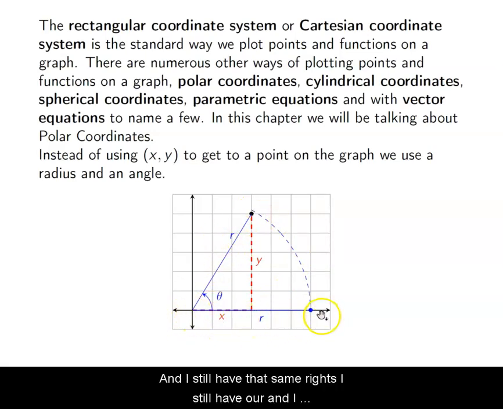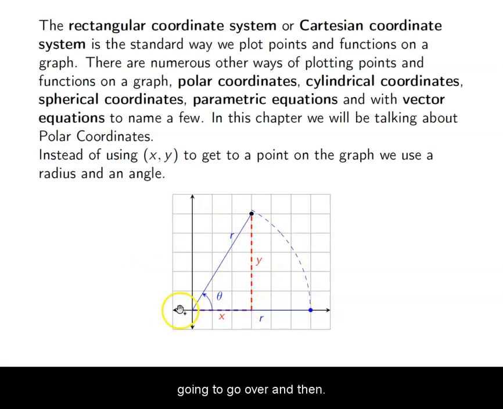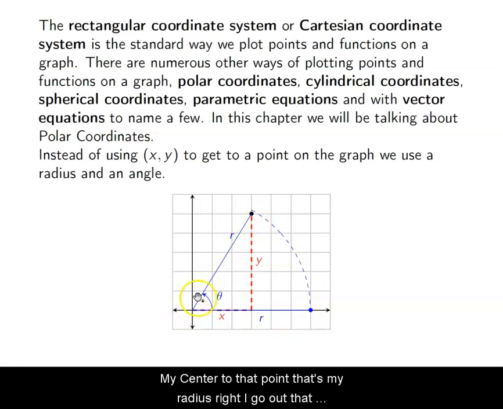So I still have r, and I sweep up until I get to the point that I want, and I move an angle of theta to get there. So I'm looking at a radius and an angle in order to get to this point, instead of saying I'm going to go over and then up, right? I go out whatever the distance is from my center to that point. That's my radius, right? I go out that amount, and then I sweep an angle upward. That's how I plot my points. Instead of x and y, it's r and theta.